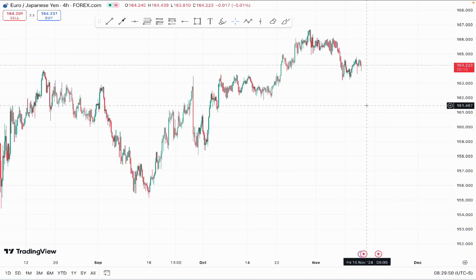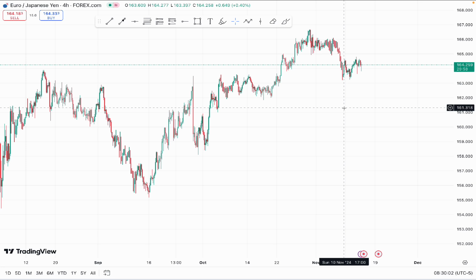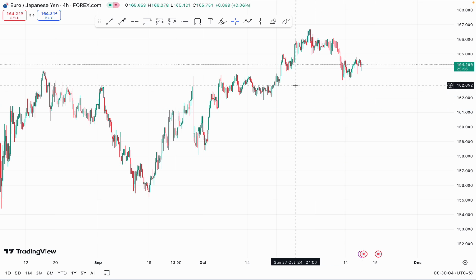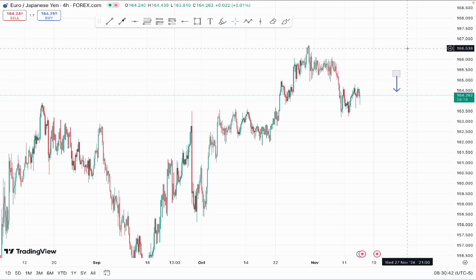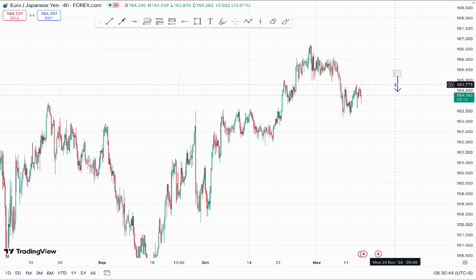Okay, guys, so what we next want to talk about is the hammer candlestick, okay, and a hammer candlestick is also a bullish candlestick pattern. It has a short body with an elongated lower wick. It looks something like this, okay.